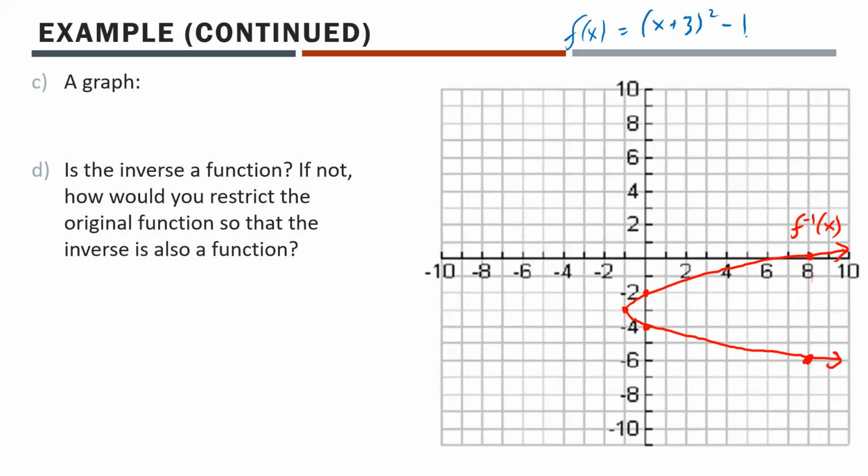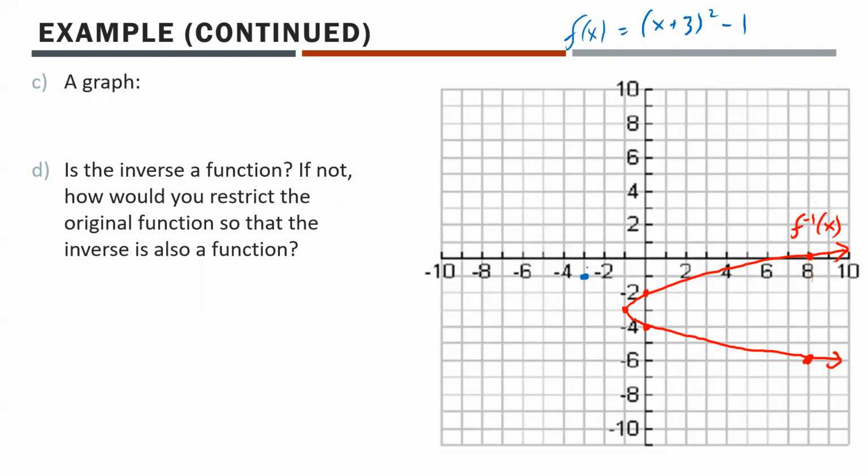Now, if you're wondering how we can graph this, the table of values did give us some points. Maybe we could do that. But if you really wanted to, you could also remember that technically this f of x is in itself just a transformation of a base function x squared. It's like we moved x squared left 3 and down 1. So left 3, down 1, that gives us a point of negative 3, negative 1, which was actually on our table of values from before in that left-hand column.